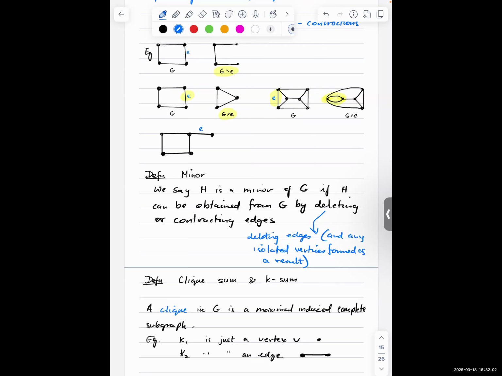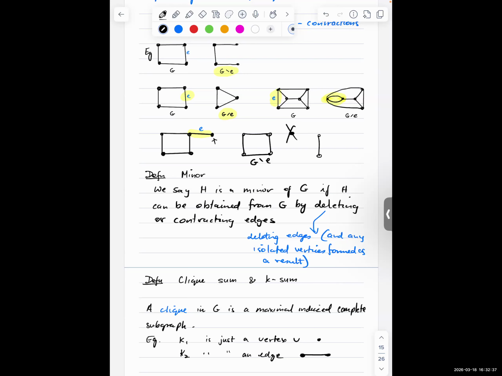We could just say deleting or contracting the edges, or the blue just hammers on this particular point that if this is the edge here and you delete it, then in the minor sense, you would also remove that isolated vertex, right? However, we can just think of it as contracting the edge E, right?